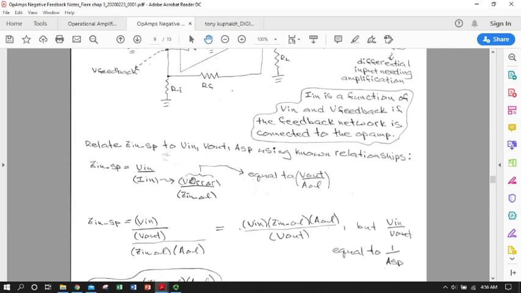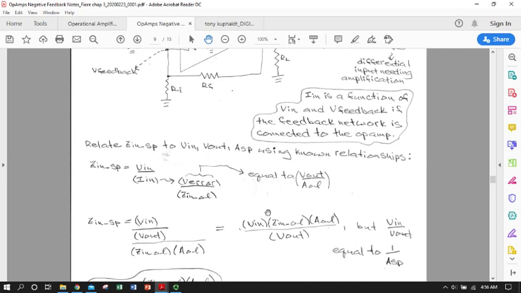So instead of V error over Z in open loop, we end up with V out over open loop gain, and with the Z in open loop in the denominator of this fraction, which is all in the denominator underneath V in.